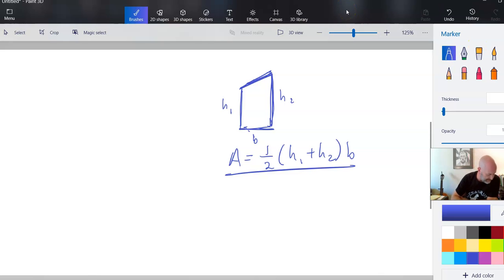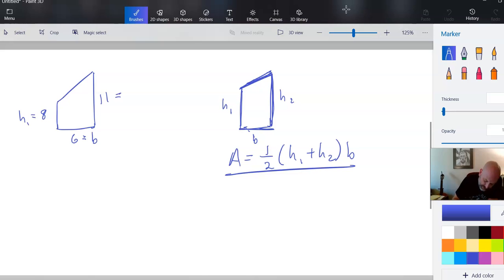All right, so let's take a look at an example. If I have a trapezoid here, and I have some of the side lengths, let's say this side is 6 units, this side is 11 units, and this side is 8 units. If I have these three measurements, then what I can do is plug them in, right? 6 is my base, height 1 is 8, and 11 is height 2.